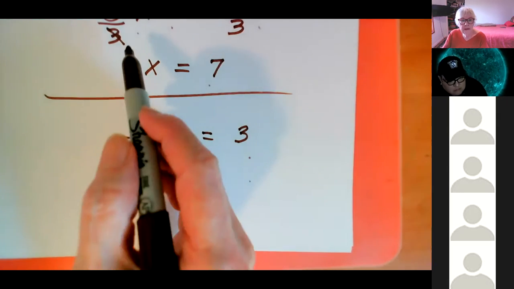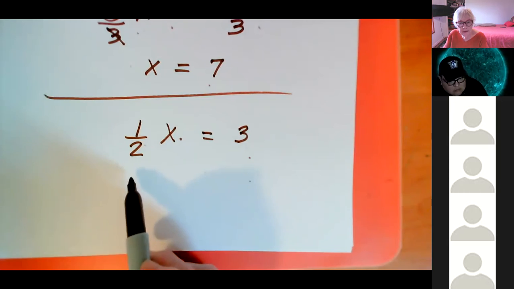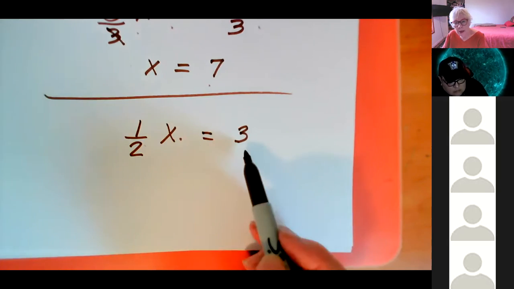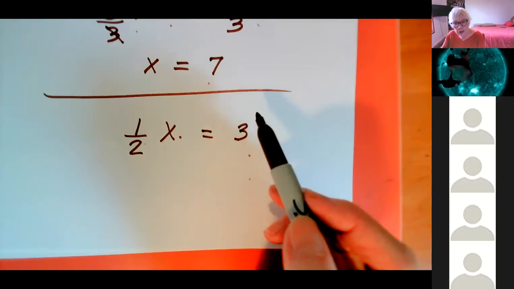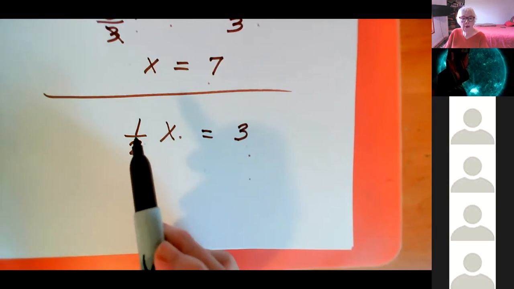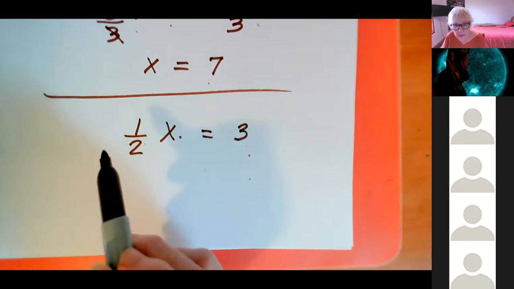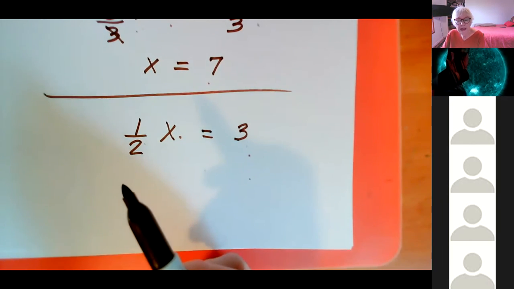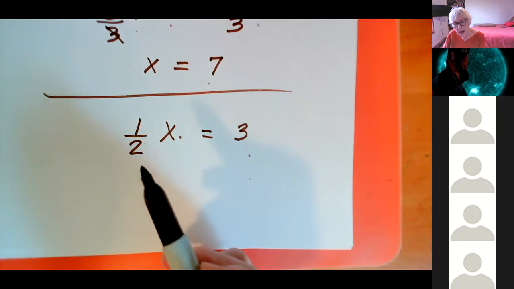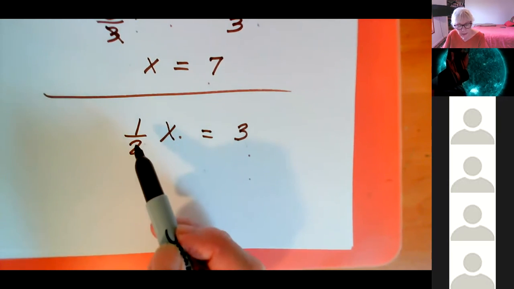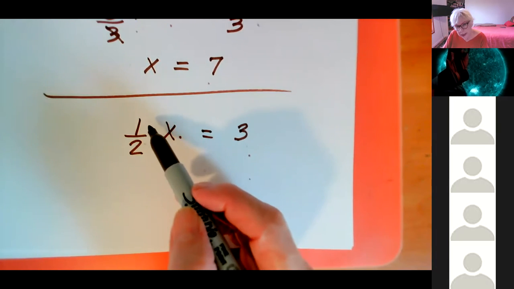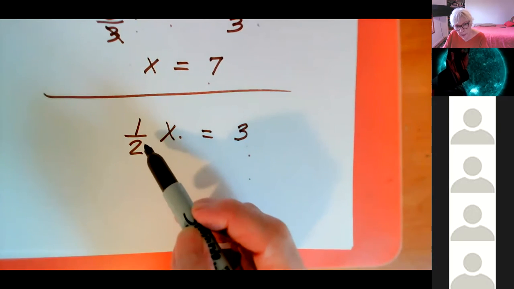So before we divided by 3, and if we divide this by 1/2, we would get a complex fraction, and we've actually made the problem harder than it was to begin with. Not that we couldn't survive it, but with this fraction, there is another way to clear it. And the way to clear it is to multiply by the reciprocal.